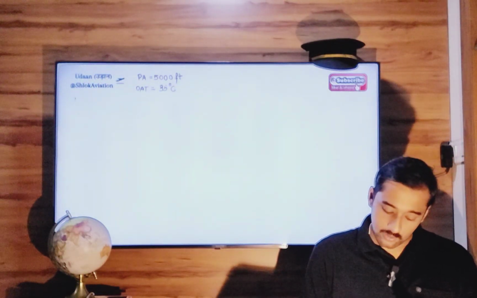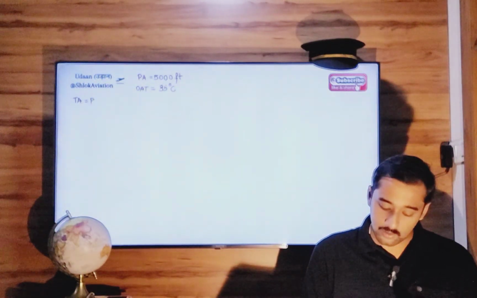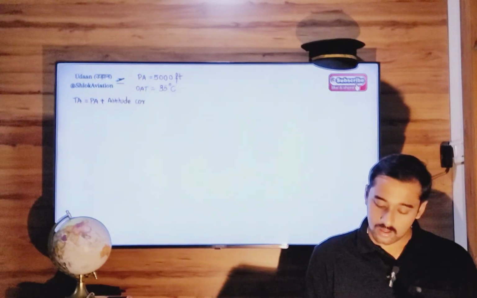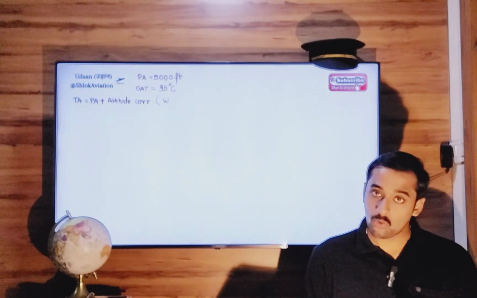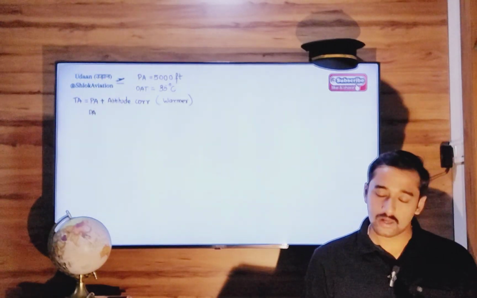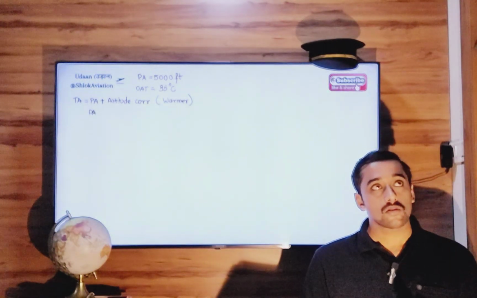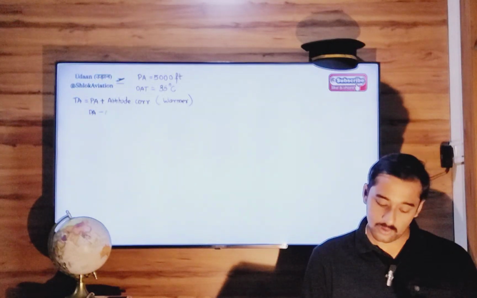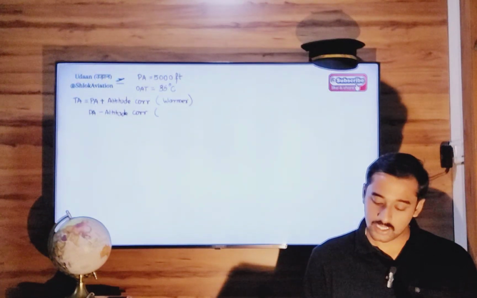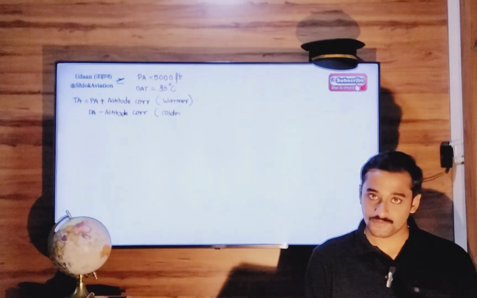Now true altitude is pressure altitude plus altitude correction if temperature is warmer than ISA, and pressure altitude minus altitude correction if temperatures are colder than ISA, right?